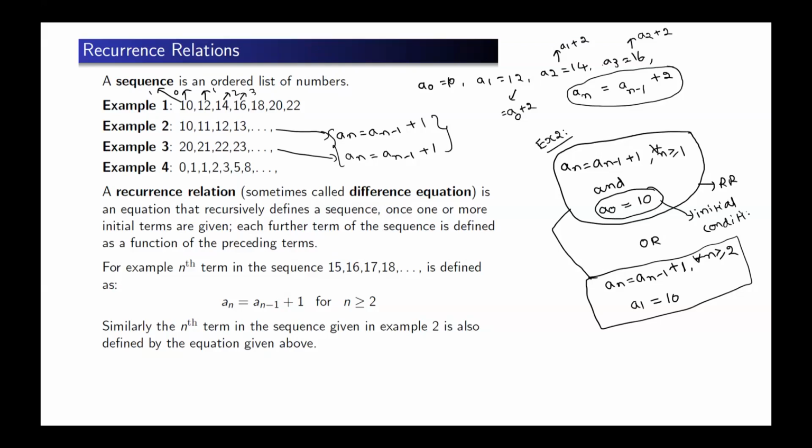If the initial condition changes, whether the actual sequence changes or not? If the initial condition is different, whether we get a different sequence or not? Yes, we get a different sequence. Though the general form is the same, if the initial condition is different, we get an entirely different sequence.